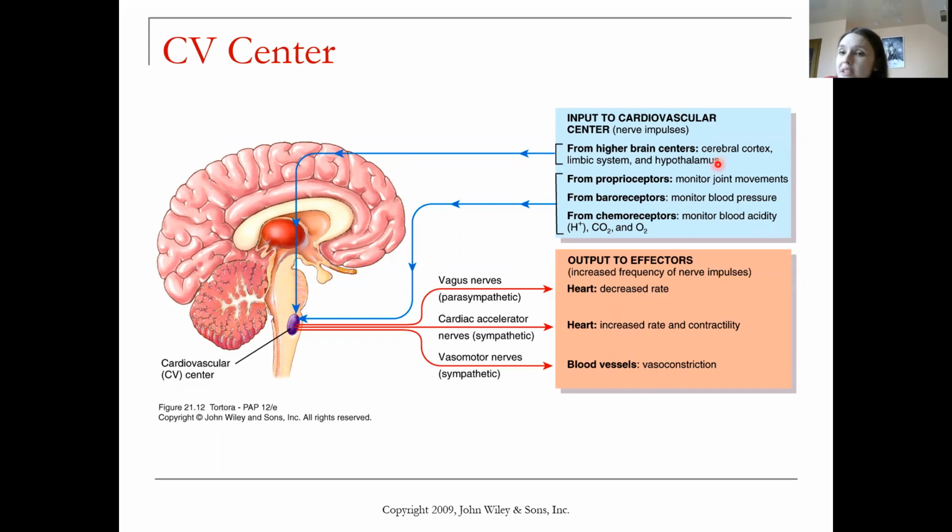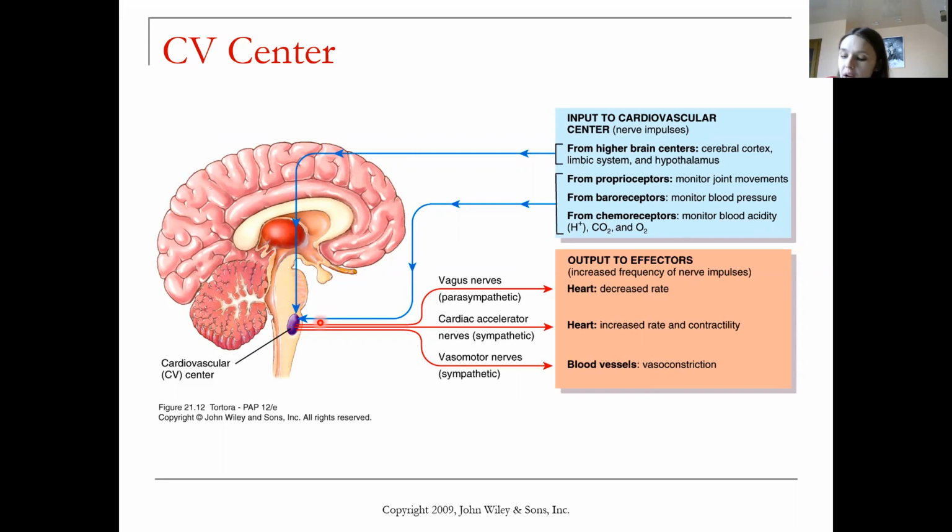How could the cerebral cortex, limbic system, or hypothalamus affect this cardiovascular center? For instance, the limbic system or hypothalamus could have an effect due to strong emotions, which could happen, for example, during stress.